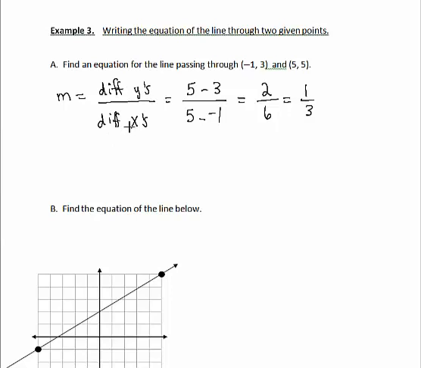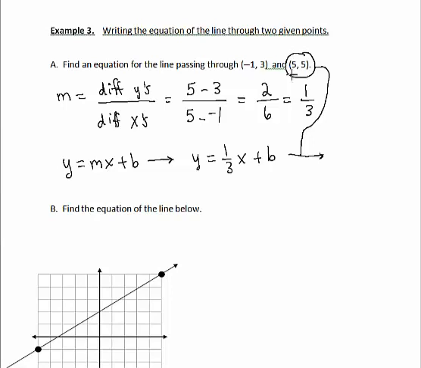Okay, now what I'm going to do is take my slope-intercept form, I'm going to plug in my slope that I just found, and now I'm going to pick one of my points. I'll pick (5, 5).